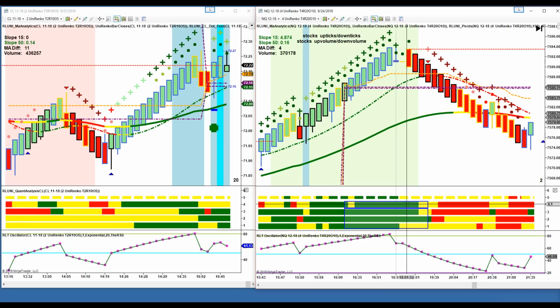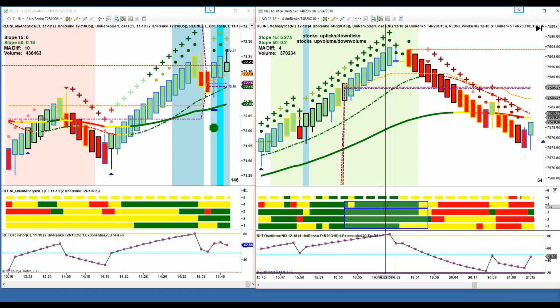Now, I'm not going to go over trading stocks, but this has tremendous power in trading the Qs and in trading the SPY, when you stay in the direction of these cash internals. But we have one for the Dow, we have one for the Nasdaq, we have one for the Russell, and we have one for the E-mini. But this is voluntary, because you can still trade really well without it.